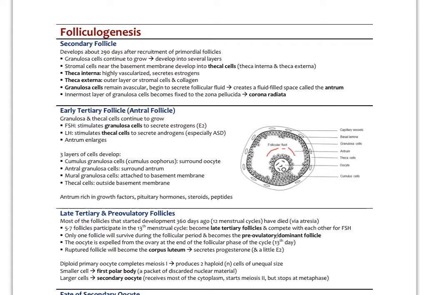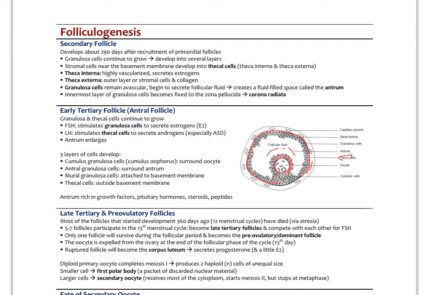For a secondary follicle, we're going to have the egg cell itself, the oocyte, surrounded by the granulosa cells on the outside. Then we have the basement membrane, a layer outside of that, and on the outside of that will be the thecal cells.